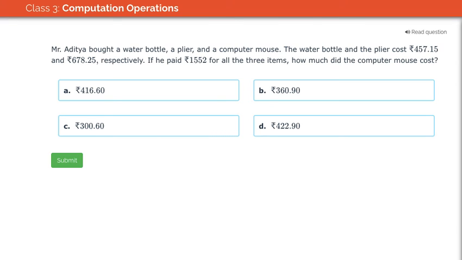So we have to find out how much the mouse costs.